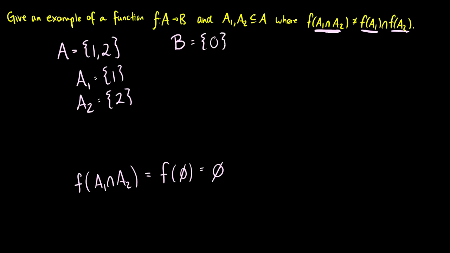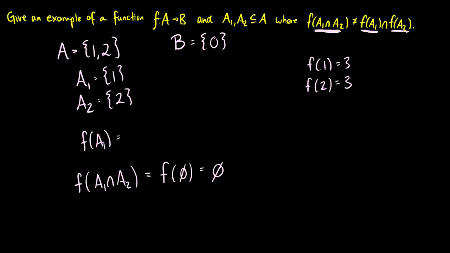Okay, and I might define this a little bit more clearly along the right here. So we're going to say that f of 1 is equal to 3, and f of 2 is equal to 3.